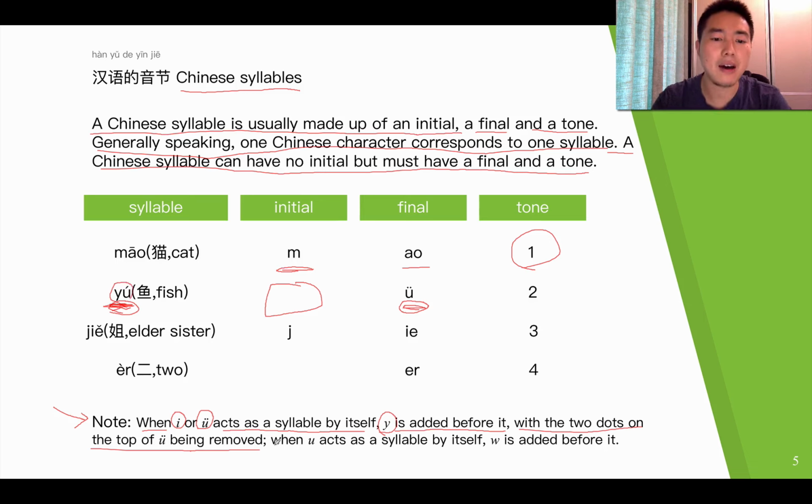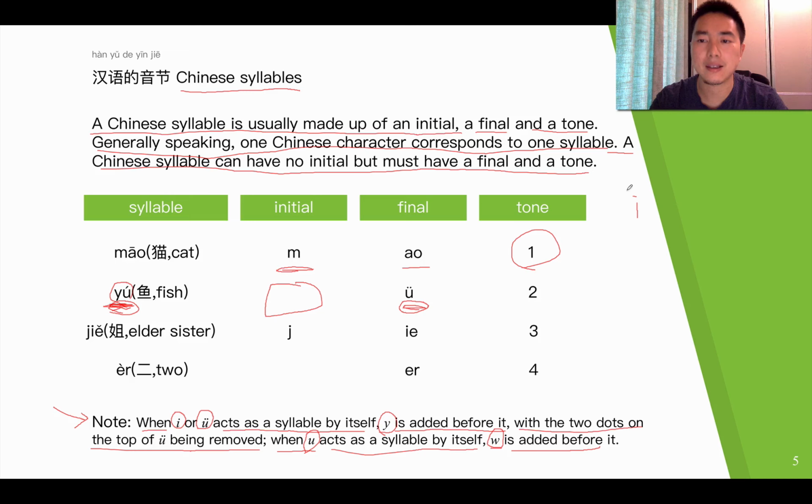Now, there's also another rule for wu. When the final wu acts as a syllable by itself, the initial w should be added before it. So in this note, it says this kind of occasions. The first one is e.